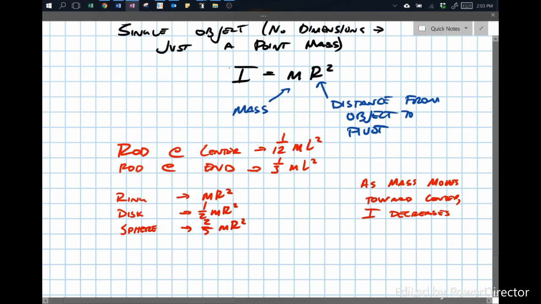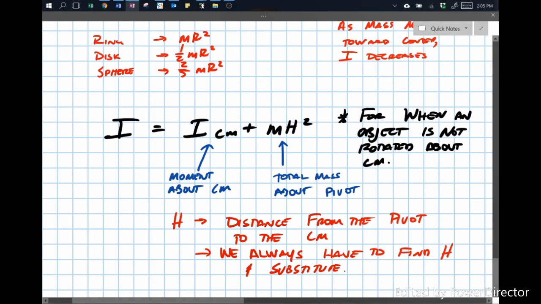We always have to find h and substitute for it. Always have to figure out what that h is and stick it in there. Okay. And then just like adding masses together, if I have more than one object, we're just going to add the moments of inertia together.